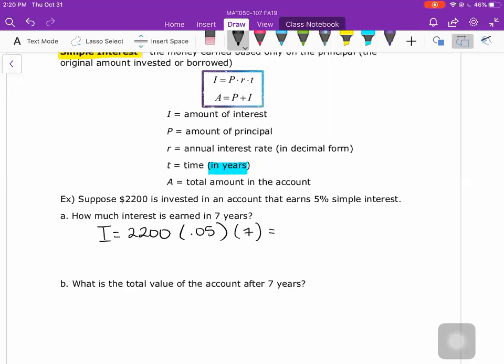So would it be 2,200 times 0.05 times 7? Very good. Yep, just straight across, just multiply. 2,200 times 0.05 times 7. I just got 700. 770?